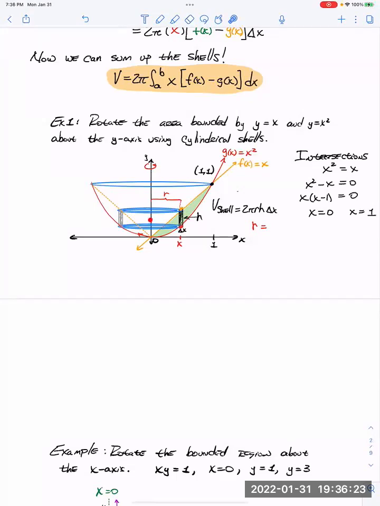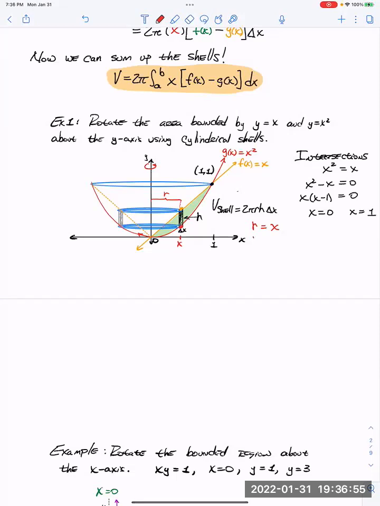So the distance from here to my arbitrary partition, remember, this is x equals 0, and this is my arbitrary value of x. And I had mentioned, if you want to find the distance from the axis of rotation to the location of that partition, this horizontal distance, it's the larger x value, subtract the smaller x value. And since the smaller x value is 0, r is x minus 0, so r is simply equal to x.